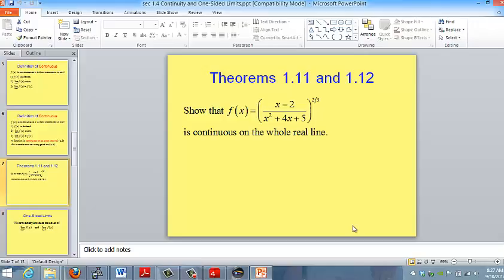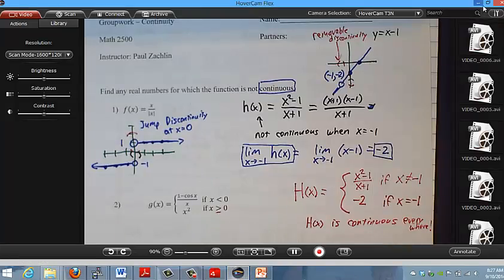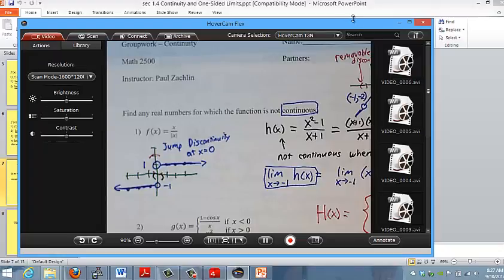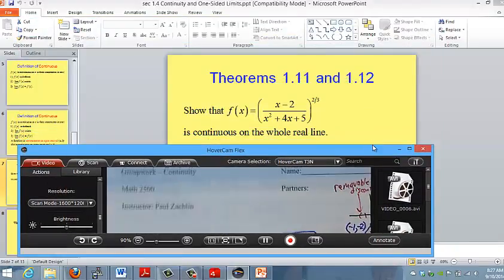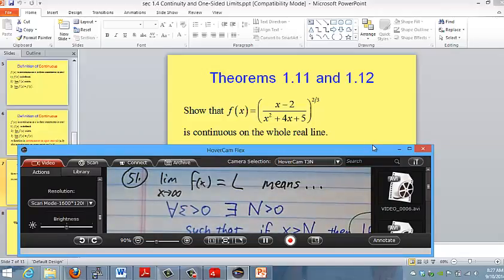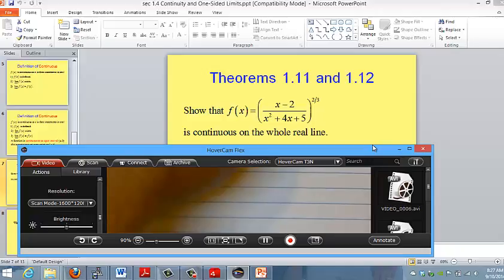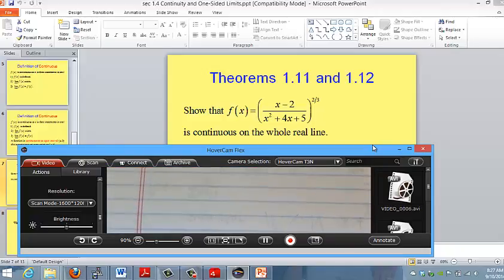Okay? So there are some nice facts that I'm going to use if I want to show this. And these are facts from your book. Your book calls these the limit laws, and they were in a previous section, I guess.